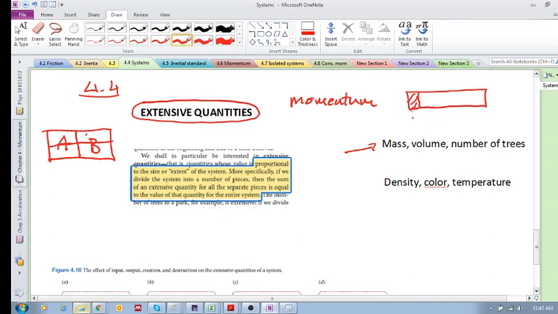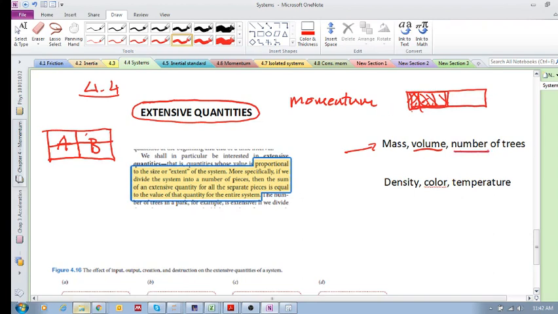Do you agree that the volume changes? If I just take that size of the plank, that volume is different to the entire plank. But if I add up this volume and that volume, I get the volume of the total plank. If I add up that mass plus this mass plus that mass, I get the mass of the total plank. So these are extensive quantities.